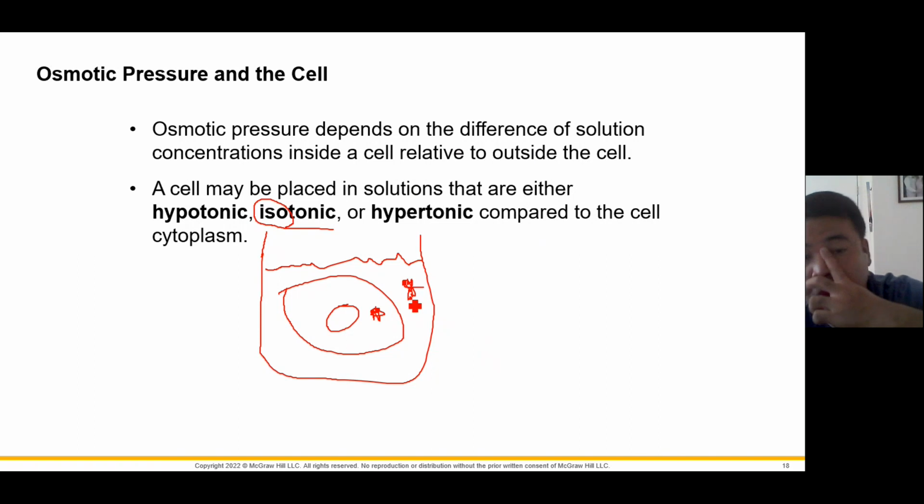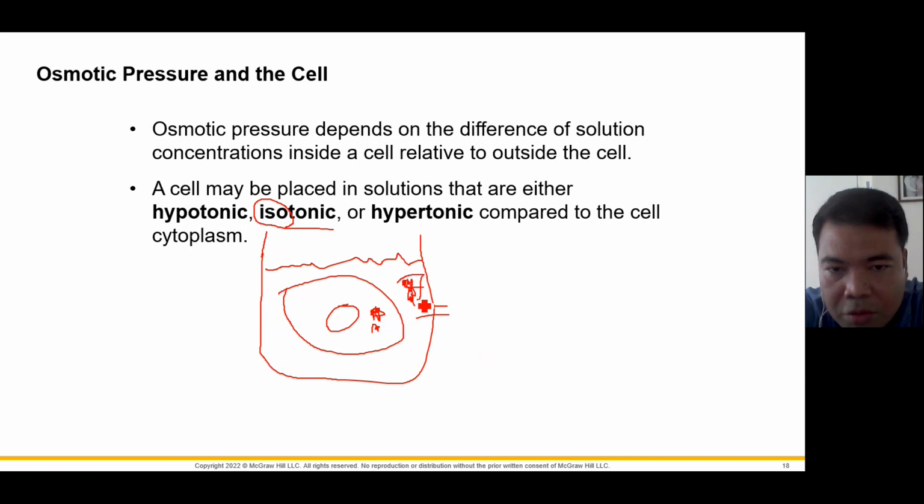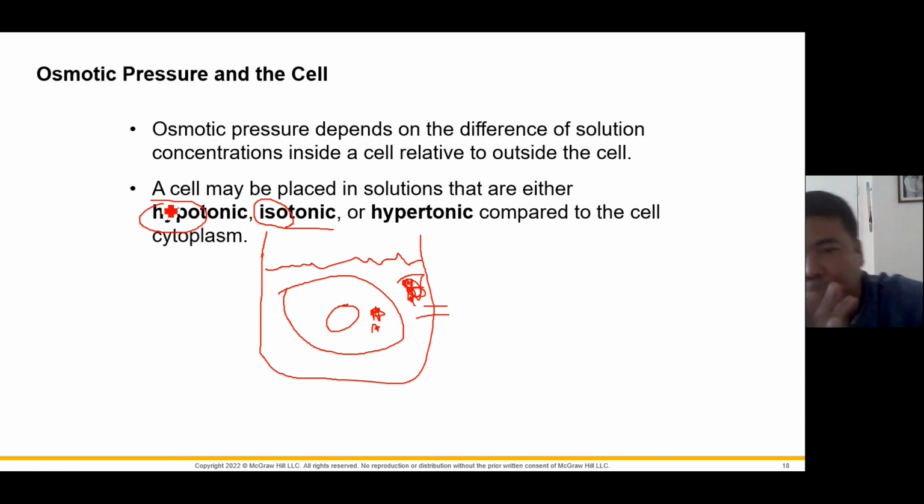Now, when a cell is submerged inside a solution, for example, that has less tonicity or less concentration than what is found in the cytoplasm, then this solution is said to be hypotonic.